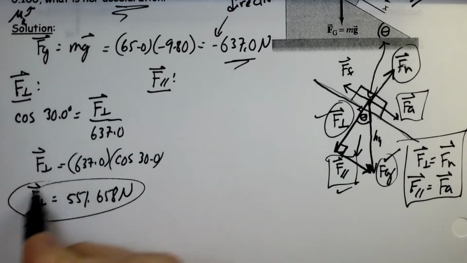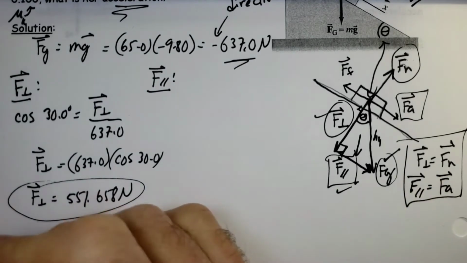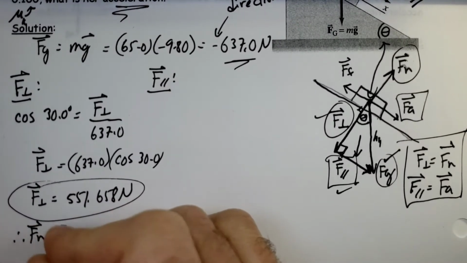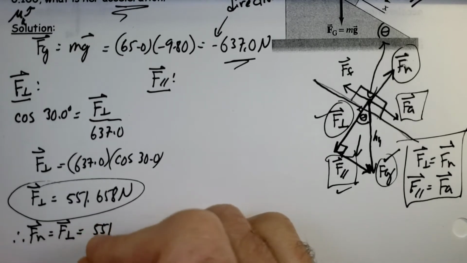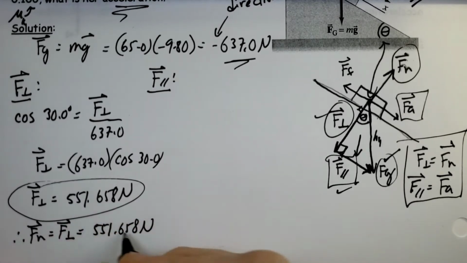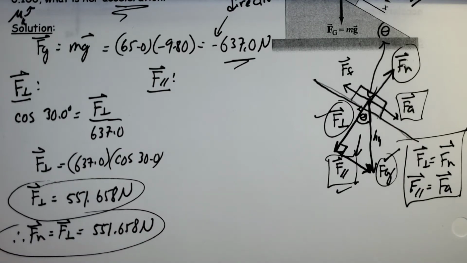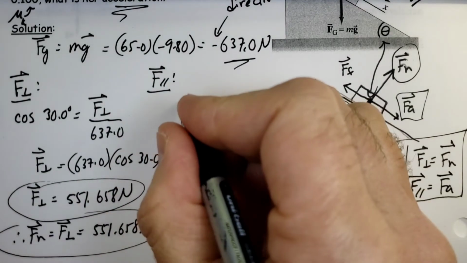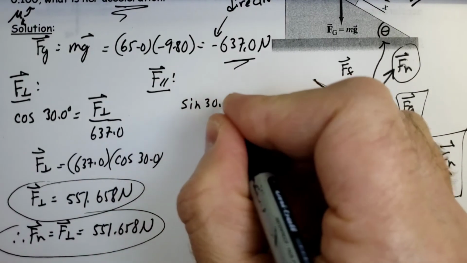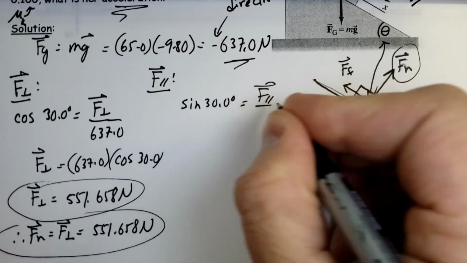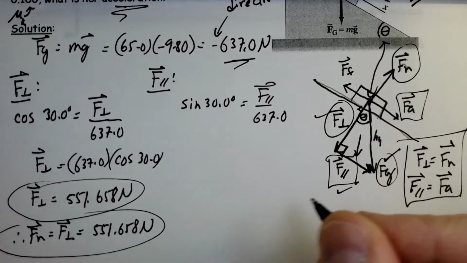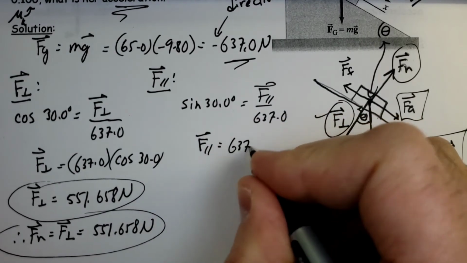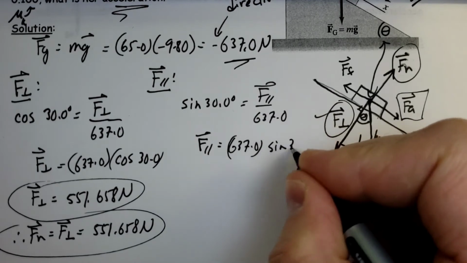And of course, that is also equal to Fn. So Fn is equal to F perpendicular. So it is 551 as well. All right. Parallel. F parallel here uses the opposite side, so we're using the sine function. So F parallel is equal to 637 multiplied by sine of 30.